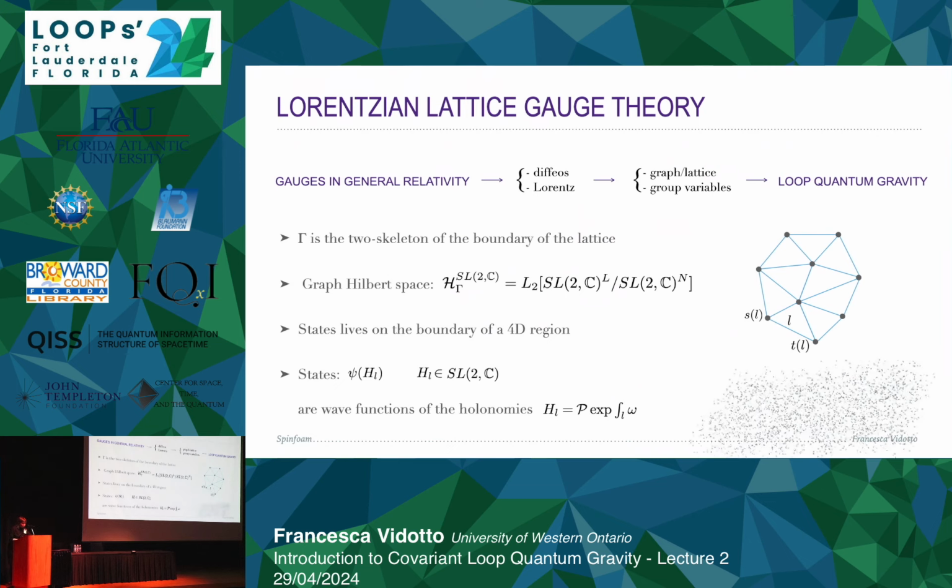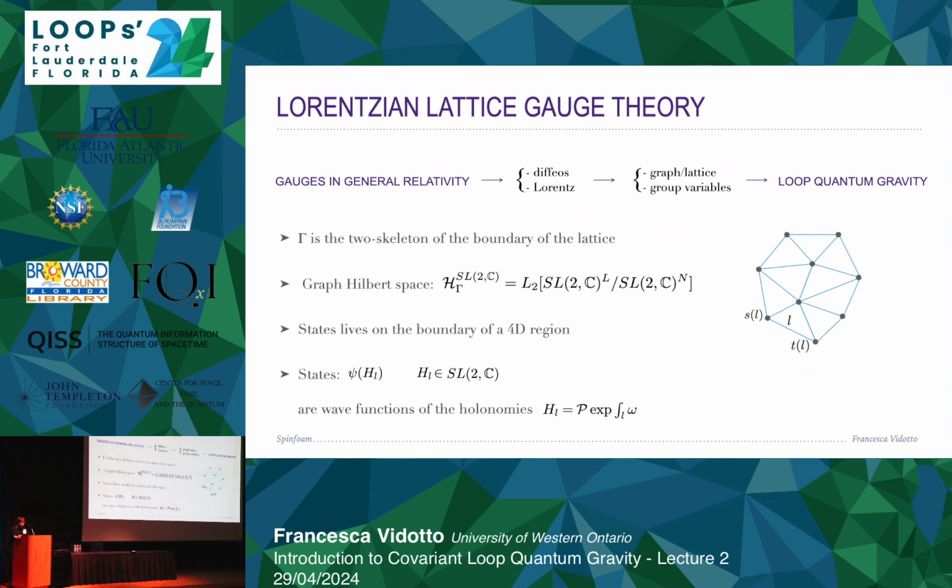So what I'm doing is to throw away the gauge fixing that I did before. But notice that if I do so, I have a Hilbert space that is much bigger than the one that I was using before, okay?